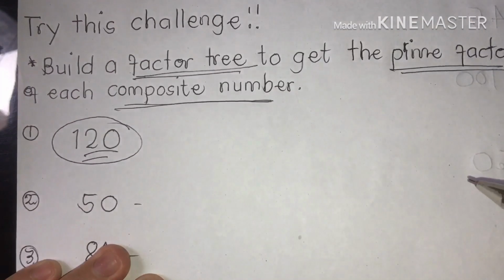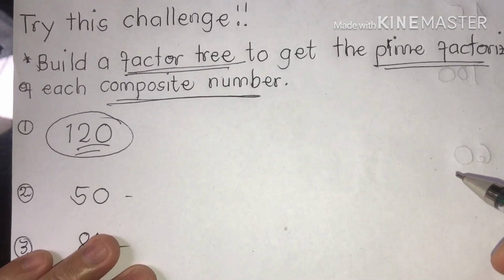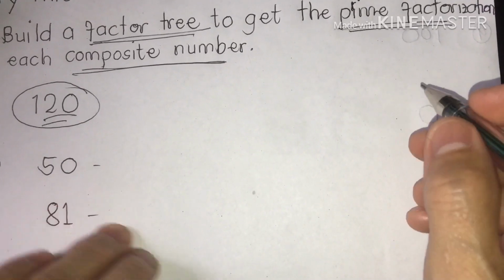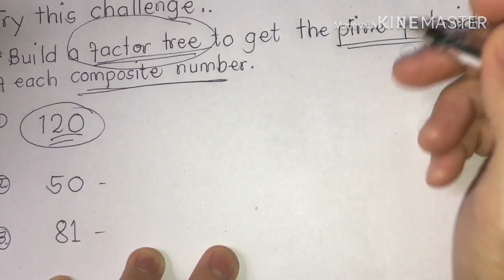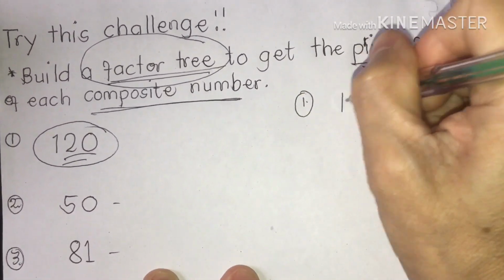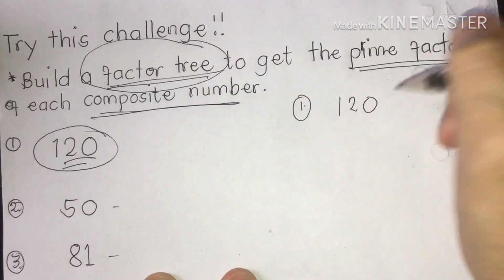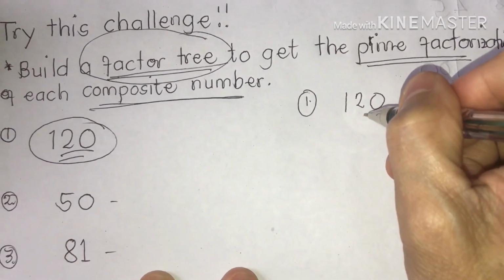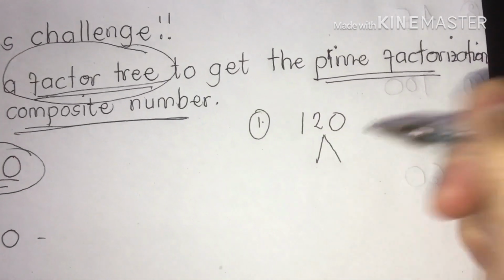First given number is 120. How do we factor 120? We're going to apply the factor tree method. Number 1, 120. This is like a tree.